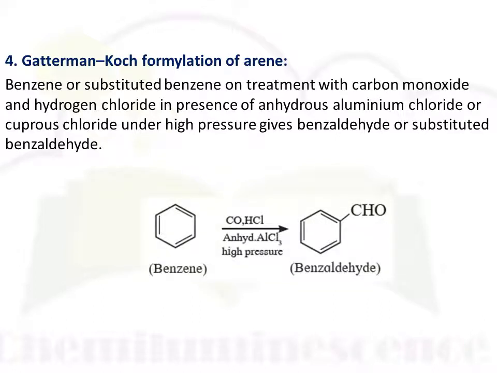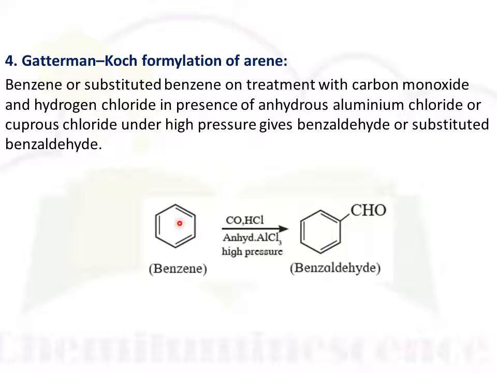Let's see with the help of equation. Here we are using benzene as a starting material, which on reaction with carbon monoxide and HCl in presence of anhydrous aluminum chloride under high pressure forms benzaldehyde. Here this formyl group gets added to a benzene ring.